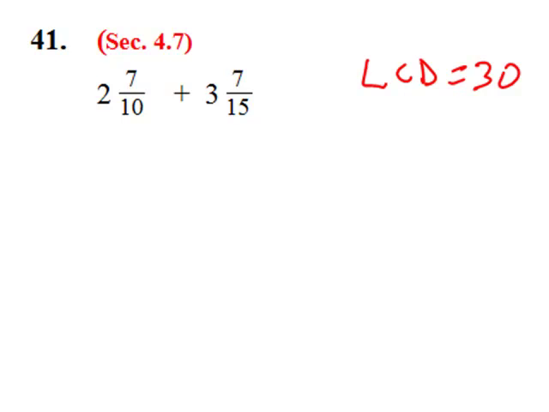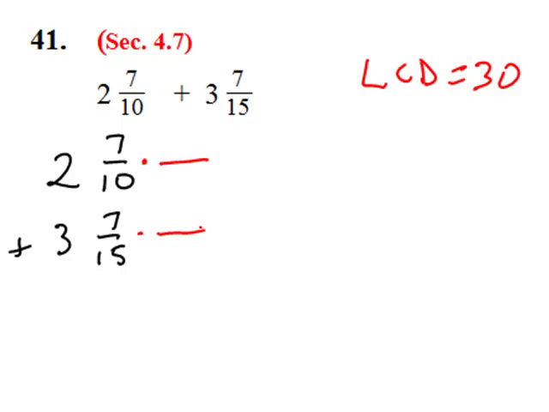This is a situation where in the book I show it helpful to write these as something like 2 and 7/10 plus 3 and 7/15. And then we're going to adjust and build up each denominator to be 30. And so we multiply the first by 3 over 3, and the second fraction by 2 over 2.